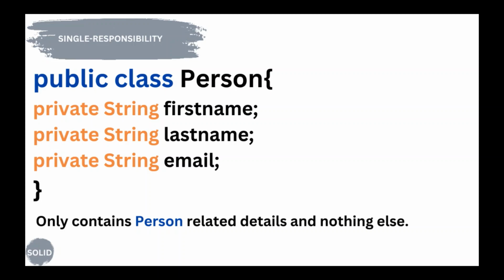This POJO that we're looking at encapsulates the person details and nothing else. You shouldn't at this point or in this class be sending an email. This is just to get and set the email, and that's it. Nothing else. It's a value object and it handles the data in transit, and that's it.